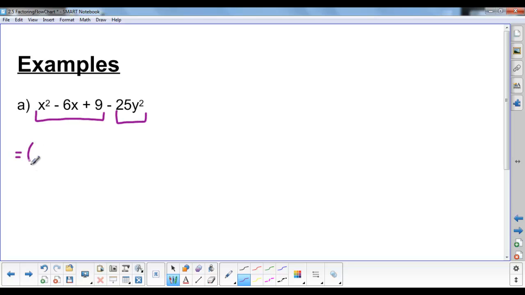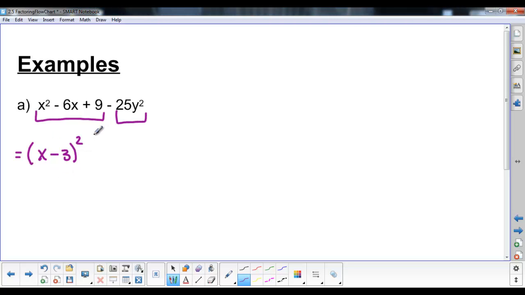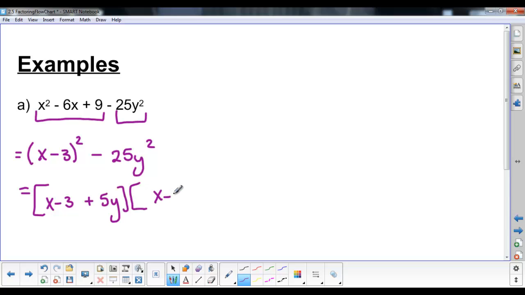We're left with two terms that are perfect squares, so we're going to do difference of squares. The first term gives us x minus 3, then we square root the second term, and then exactly the same thing in the second bracket, except for a minus 5y. And there we go, fully factored.